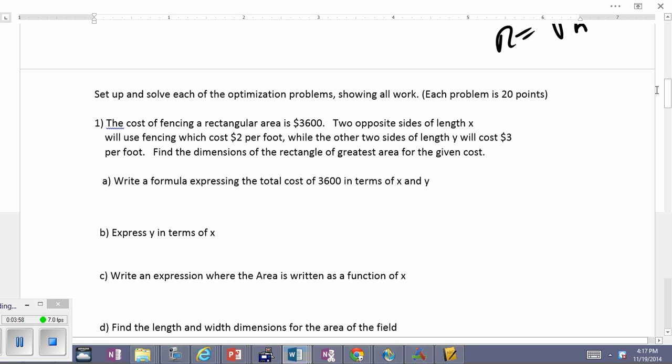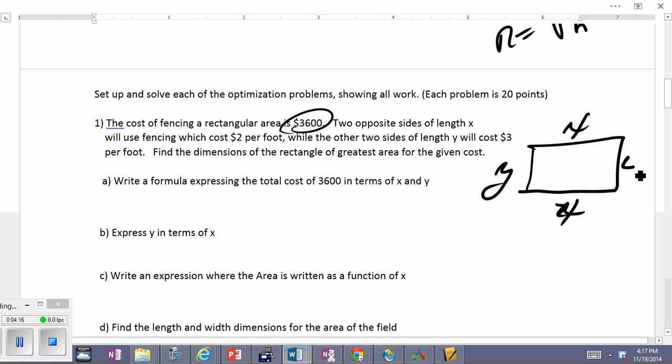Cost of a rectangular fencing in a rectangular region, $3,600. Here it's a rectangular region. We got an x length and another x length. We got a y length and another y length. So the perimeter, of course, is 2x plus 2y.